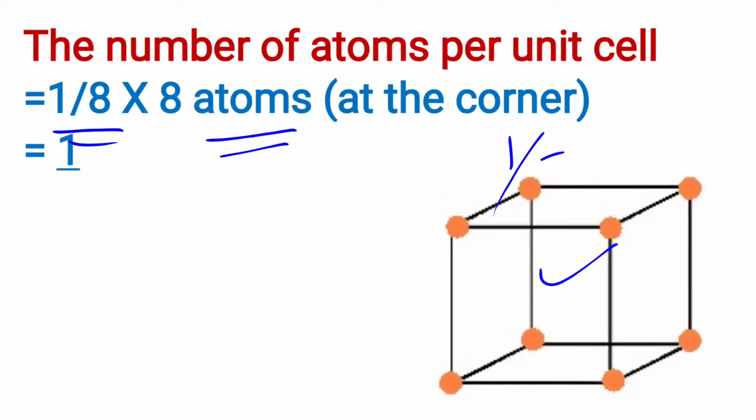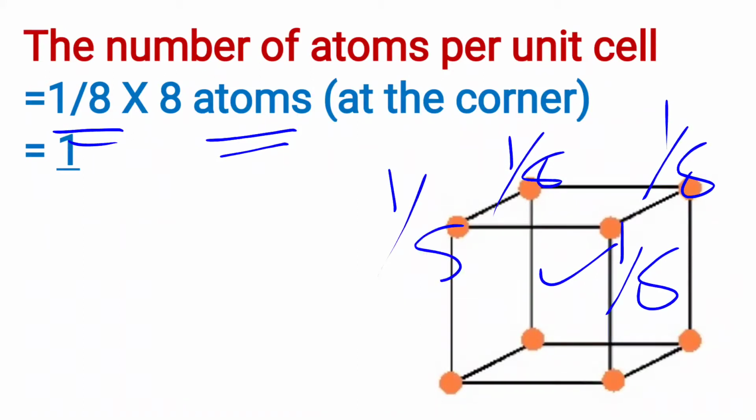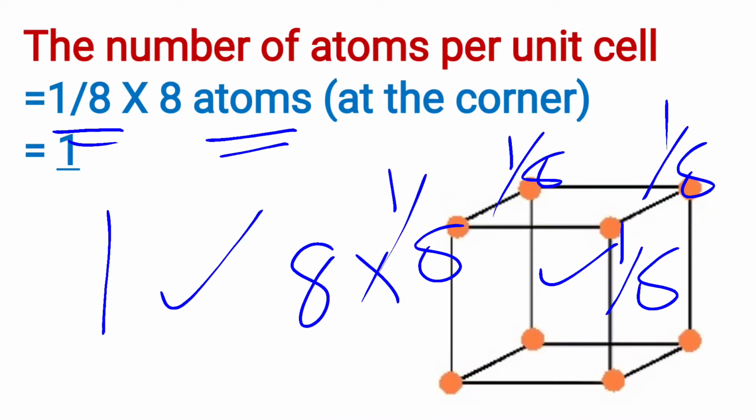So 1/8 of this, 1/8 of this, 1/8 of this, 1/8 of this and the other 4 as well, only a 1/8 portion of each belongs to the given unit cell. That's why we take 8 atoms at the corners, multiply by 1/8 and you get 1. So if we ask how many atoms are present in a primitive cubic unit cell, your answer should be 1 and not 8. Clear? Now let's proceed to the body-centered cubic unit cell.